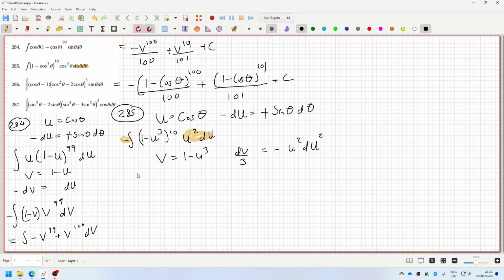So then the integration becomes v power 10 dv over 3, which becomes 1/3 v power 11 divided by 11 plus c, which would be 1 over 33 v, which is 1 minus u, which is cos cubed, power 11 plus c.